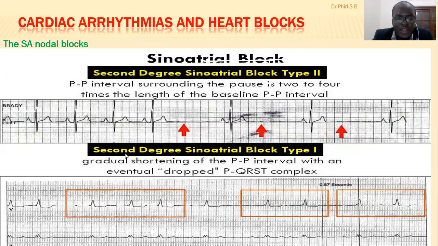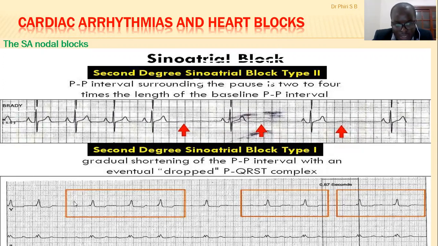So you have the second degree sinoatrial block type 1, in which you have a gradual shortening of the PP interval with an eventual dropped PQRST complex. So you can see here again that you have a gradual shortening of the P to P interval. At some point, you can't appreciate a PQRST segment in this portion here.